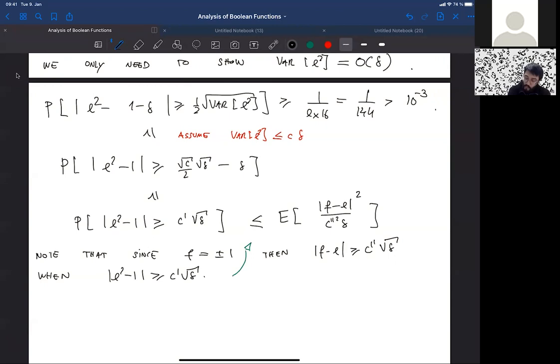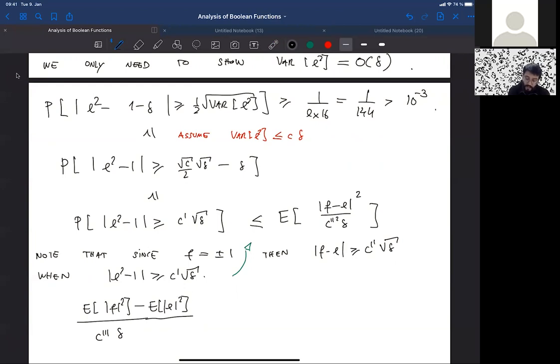Okay, but then what is this guy? So this c2 prime is squared. Let me write this as c3 prime delta, and then we have the expectation of f minus L squared, which is the expectation of f squared minus the expectation of L squared, just because L is like a projection of f onto the space of functions which are linear. So you can deduce that this has to be true, or you can just open it up and do the calculation if you wish.